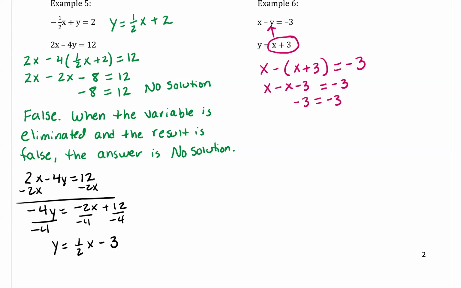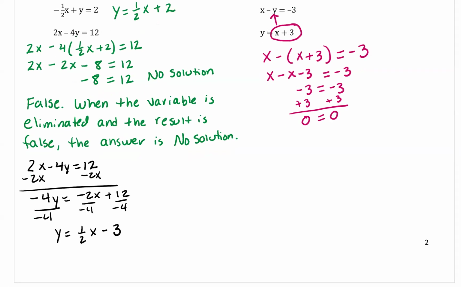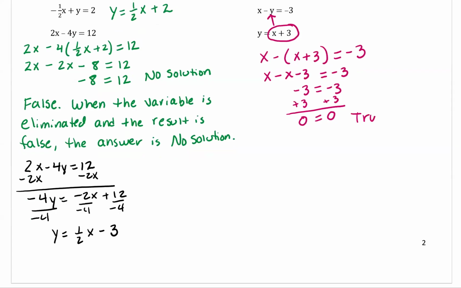We could stop there, but we're going to go one step further. If we add 3 to both sides, we're going to have 0 equals 0. But the idea is the variable is eliminated and the result is true. Well, what does that mean?